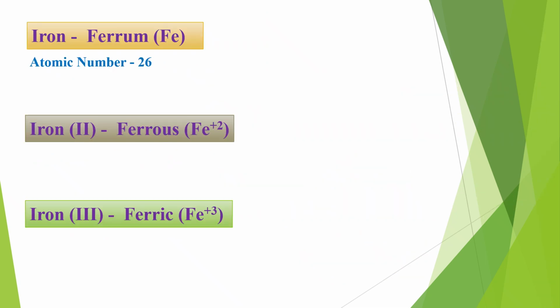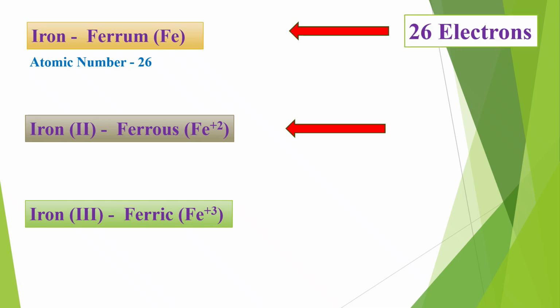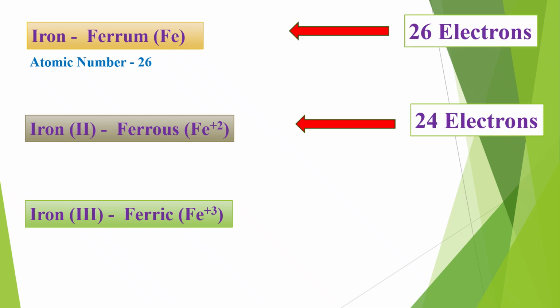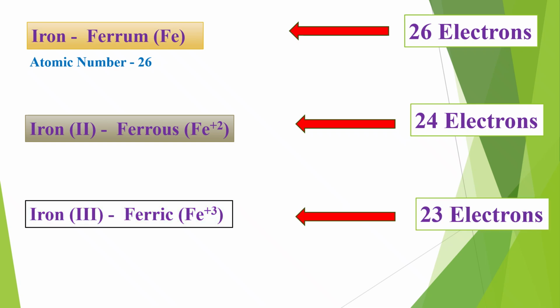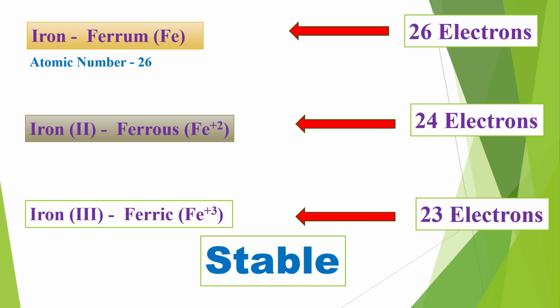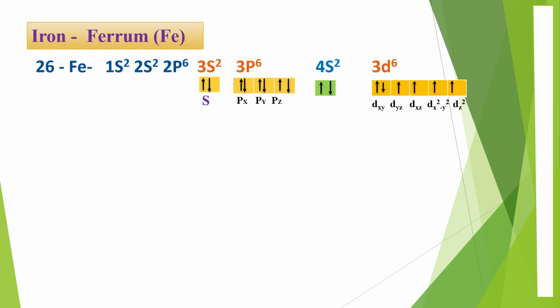Here, iron contains 26 electrons. By removing 2 electrons, that is 24 electrons, so ferrous or iron 2 contains 24 electrons, and ferric contains 23 electrons. Here ferric is more stable. The electronic configuration of Fe is 1s2, 2s2, 2p6, 3s2, 3p6, 4s2 and 3d6.